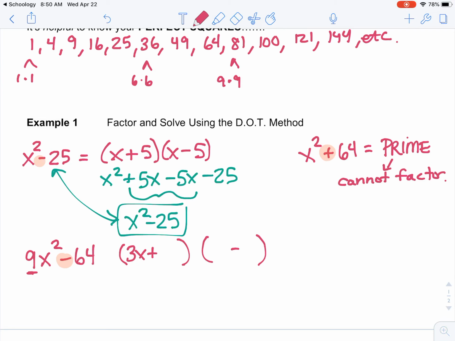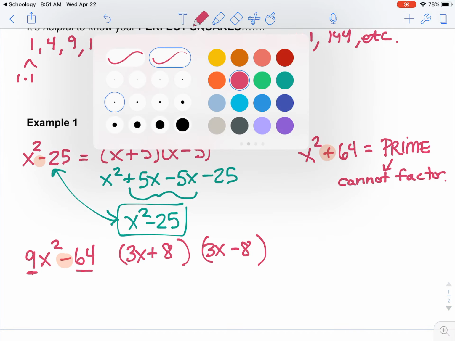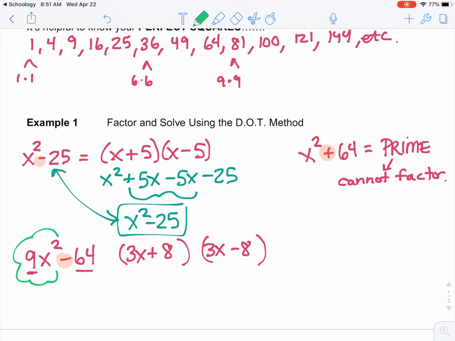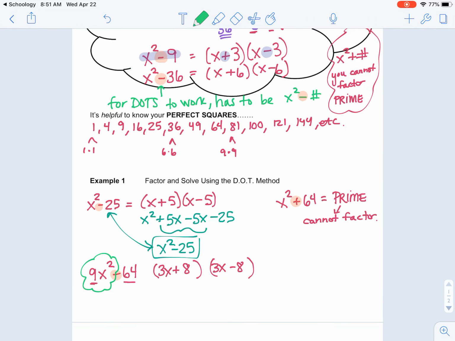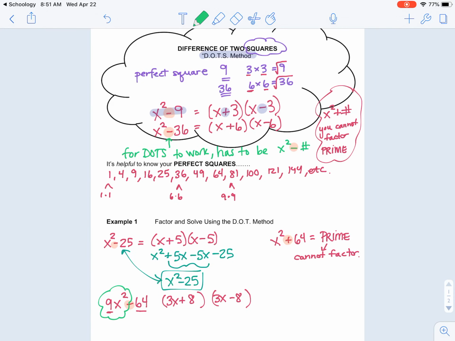So I have 3x and 3x. Minus 64, I'm going to have plus 8 and minus 8. So see how if I have this first value here, as long as that's also a perfect square, I can use the same concept. And that is your notes on the dots method, the difference of two squares.